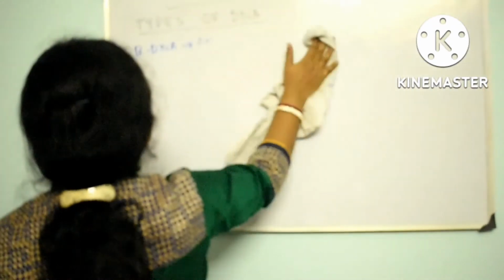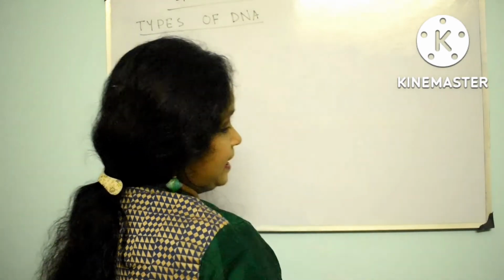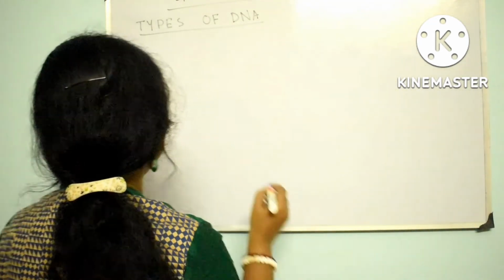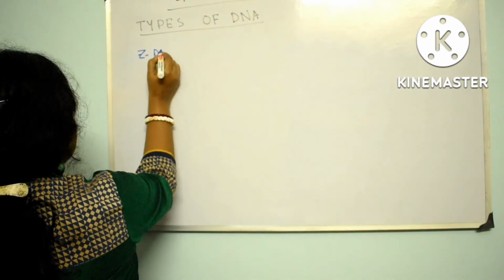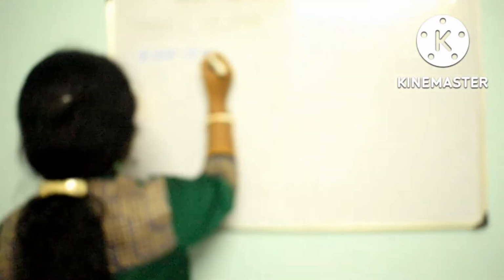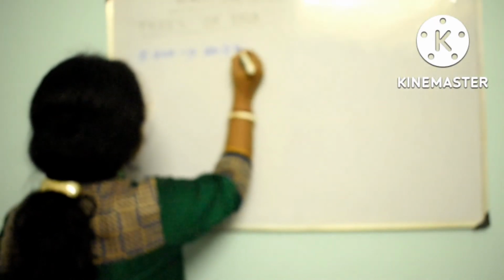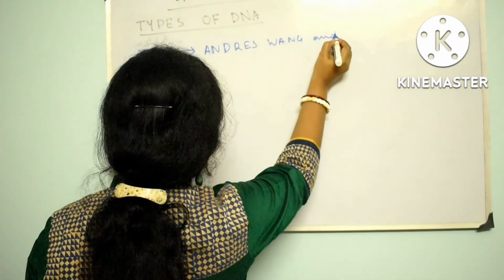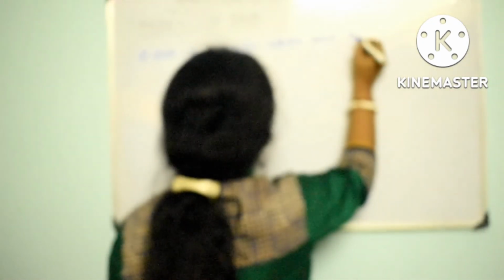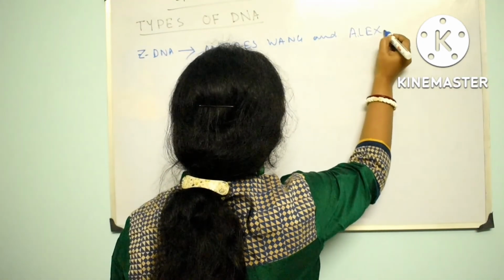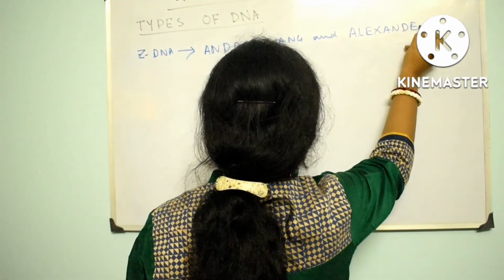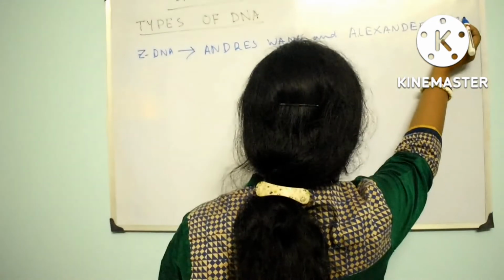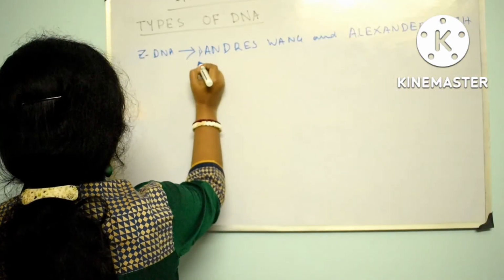That's all about B DNA. And we come to the last, most important and also exceptional form, Z DNA. Z DNA was discovered by Andres Wang and Alexander Rich.